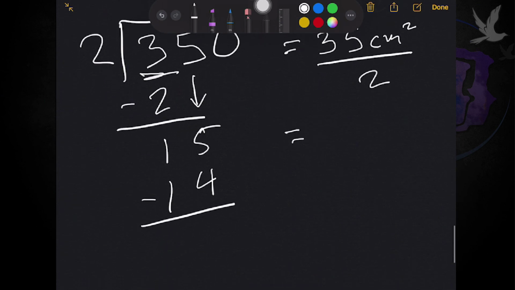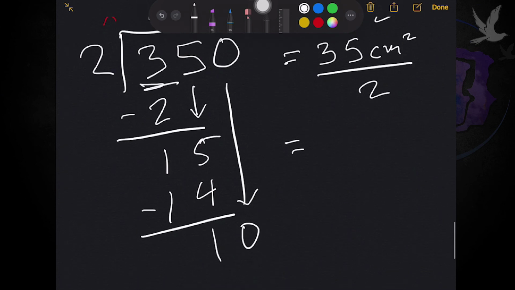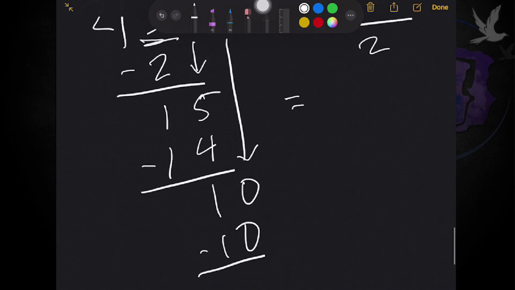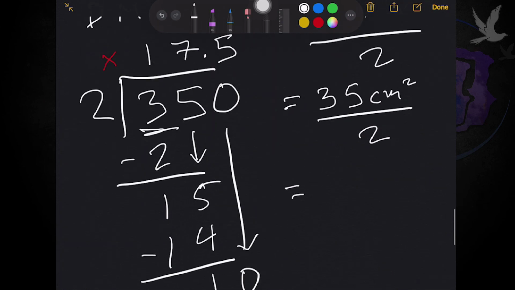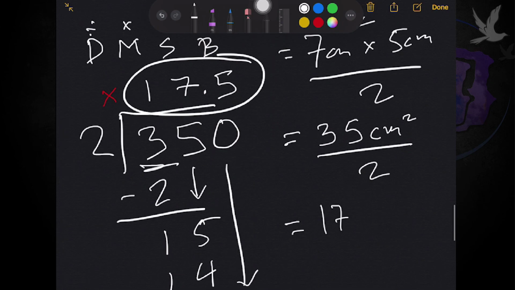So bring down 0, and 10 divided by 2 will give you 5. 5 times 2 will give you 10. Subtracting this will give you 0. So our final answer is 17.5, and of course, don't forget about the unit squared.